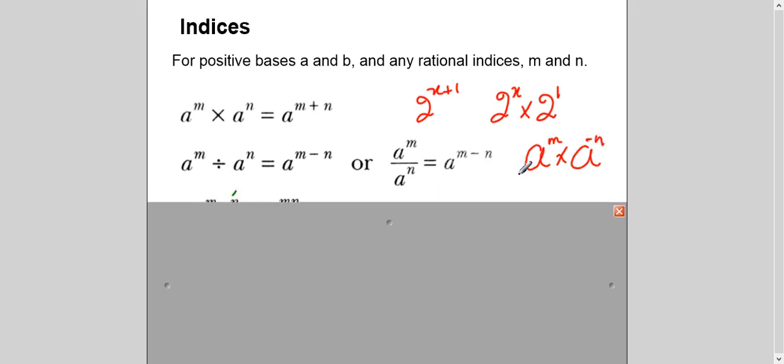So you can write it like this, or if you see a power m multiplied by, now this 1 over a power n can be written as a power minus n. Yes, so writing it in this form or this form has the same meaning, but usually it's easy if you keep it this way.